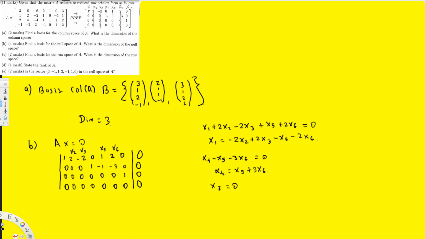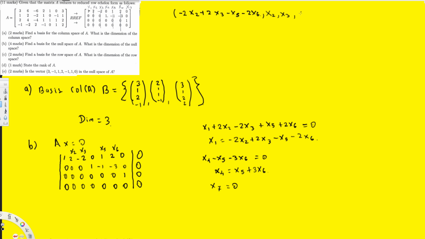Now I have to arrange everything from x1 to x7. So x1 is going to be this one in terms of free variables: 2 minus 2x2 plus 2x3 minus x5 minus 2x6. And x2 is going to be itself because it's a free variable. x3 is also going to be itself because it's a free variable. x4 we already solved in terms of free variables, it's x5 plus 3x6.